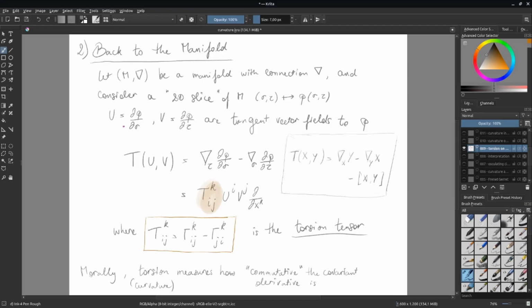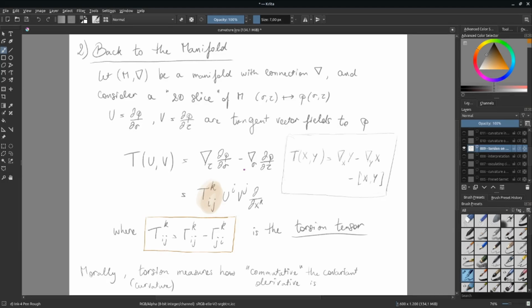So let's define this torsion operator here. It's going to take two tangent vectors, and essentially I'm taking the covariant derivative in direction tau of dp over d sigma, and then I swap. So it's the covariant derivative along tau of dp over d sigma minus the covariant derivative along sigma of the other vector.